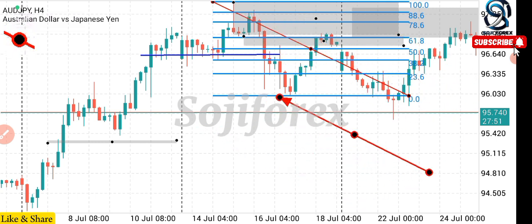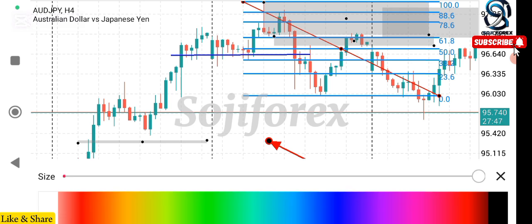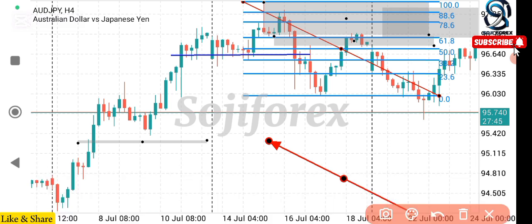So look at what happened. Price now move to the upside. You can see that price pulled back into 61.8 of our Fibonacci level and then gave us a bearish engulfing candle. Do you see that?